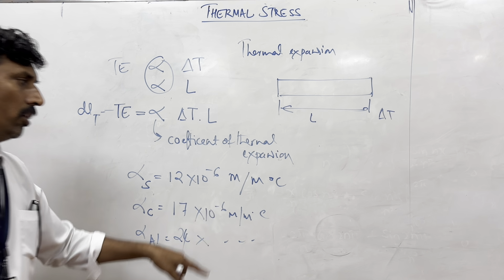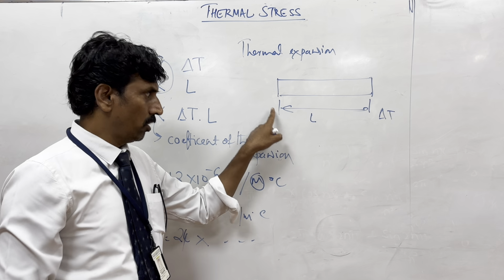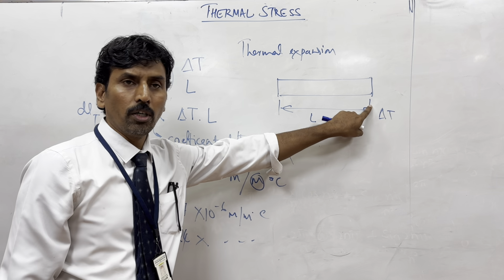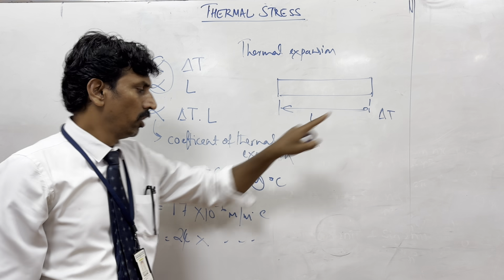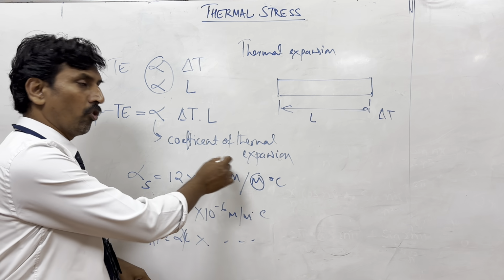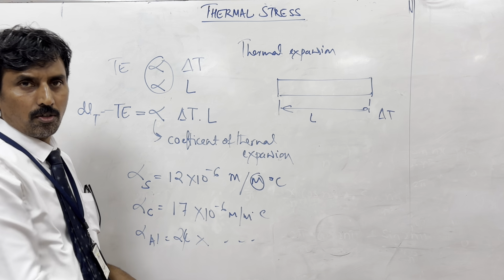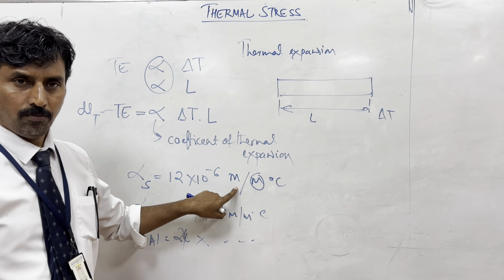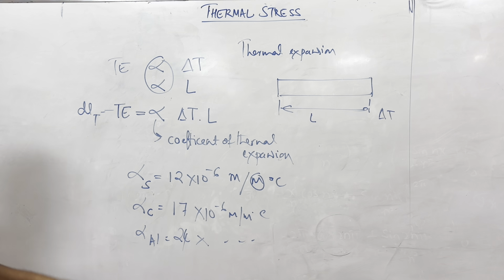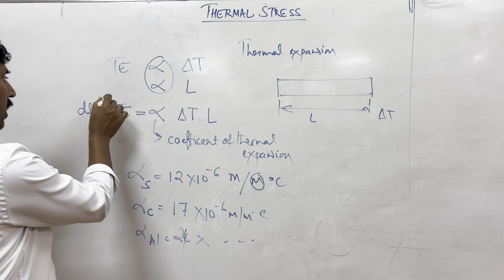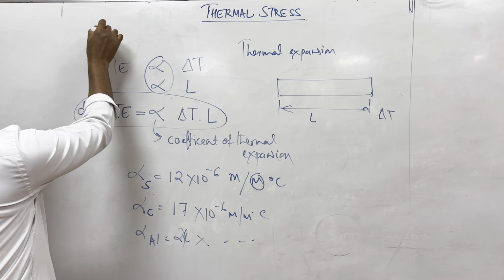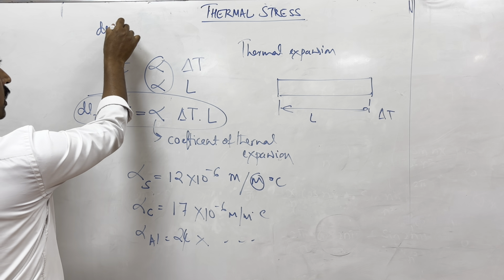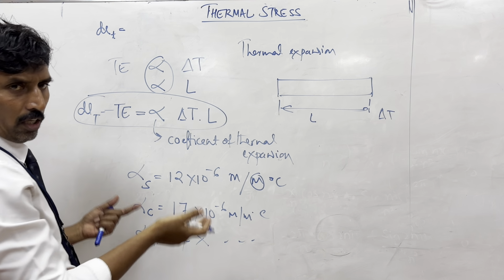For the same 1 meter length of the rod, for every 1 degree centigrade rise in temperature, it will expand by 12 into 10 to the power of minus 6 meters, or 12 into 10 to the power of minus 3 millimeters. Now if you know this, you can easily find the expansion. This thermal expansion we can call dLT, the extension due to increase in temperature.